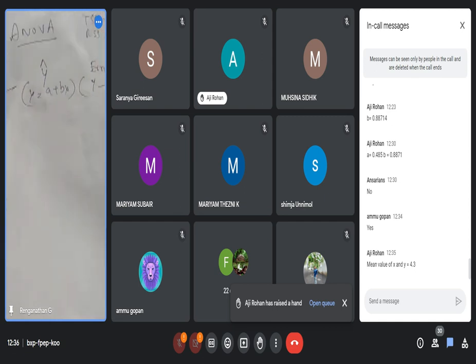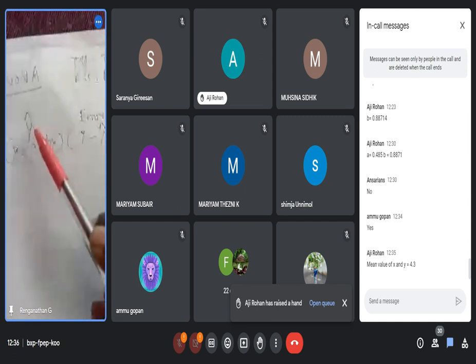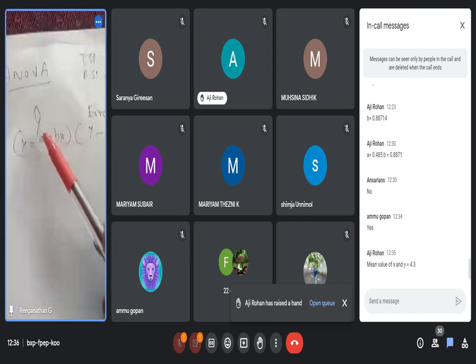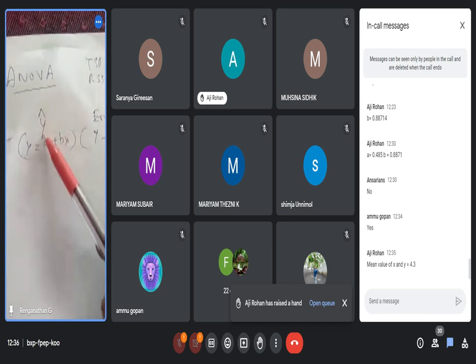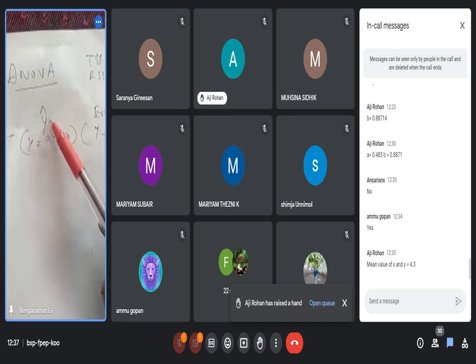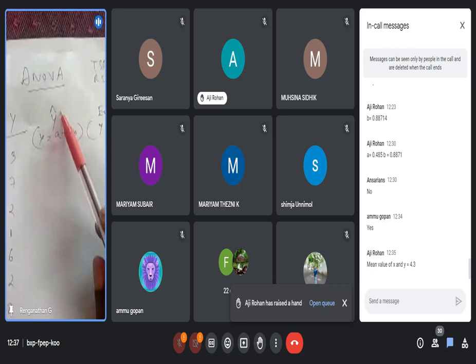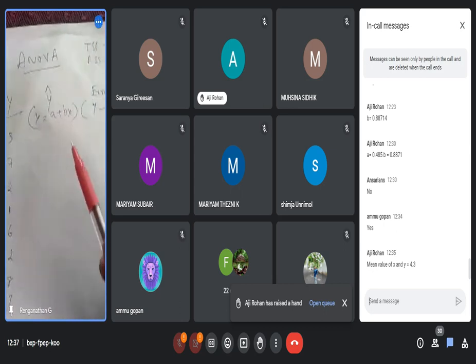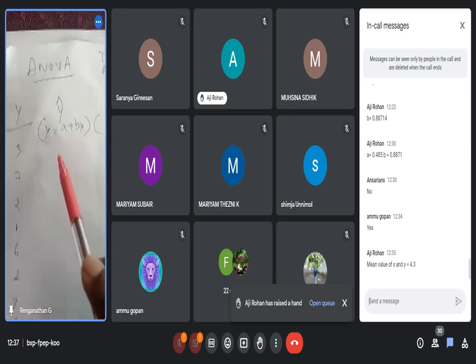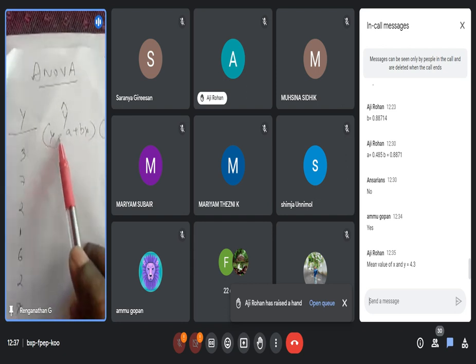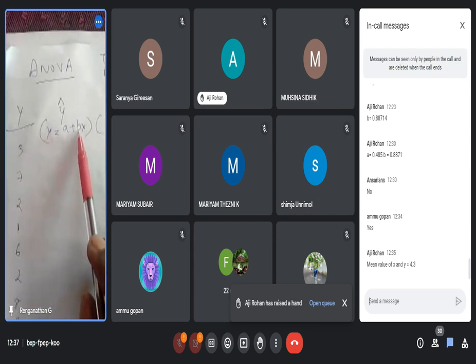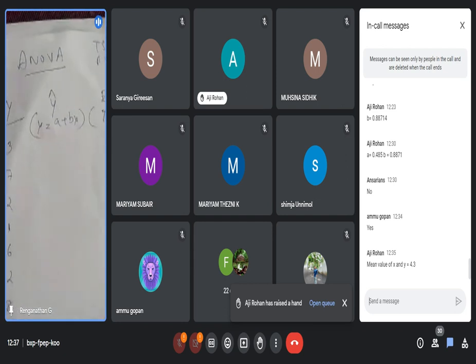Now, the next column is y cap. How do we find this y cap? It is found by applying the equation y is equal to a plus bx. You remember the equation that we finalized as the regression equation?